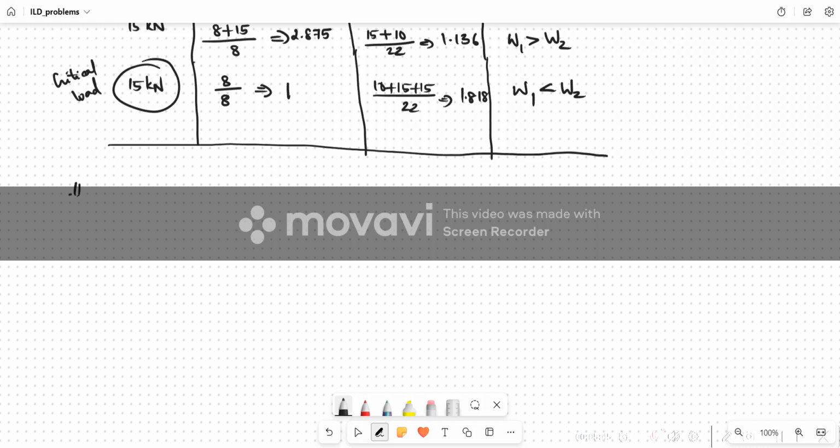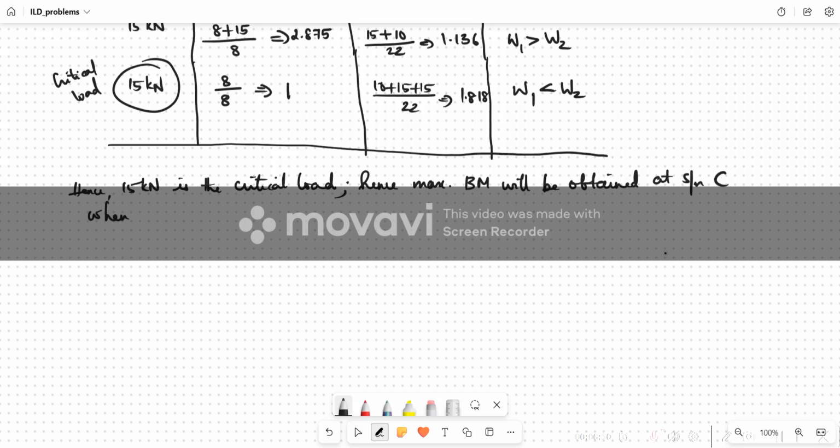Hence, 15 kilonewton load is the critical load, hence maximum bending moment will be obtained at section C when this 15 kilonewton load is placed on section C.